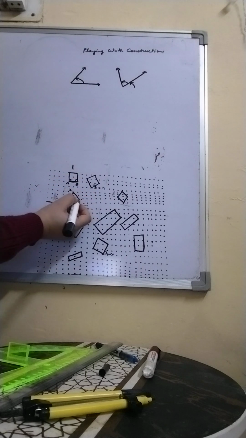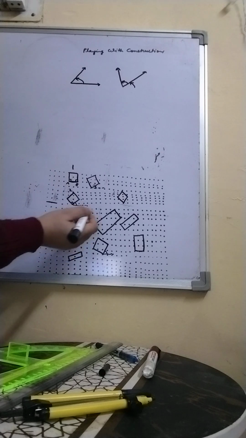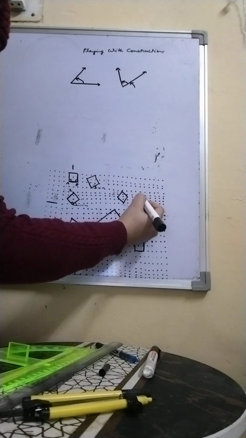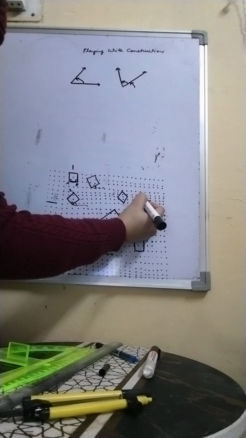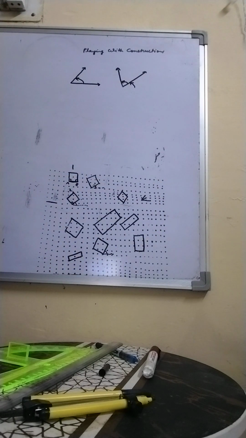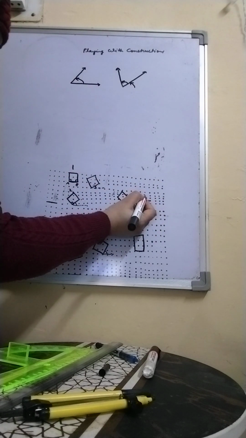Now the third square you have to make. So how can I change the inclination again? I can change the inclination by, suppose this is, now I have joined, first I joined these 3, then I joined this one. Now I will change the inclination and take it to the next dot.